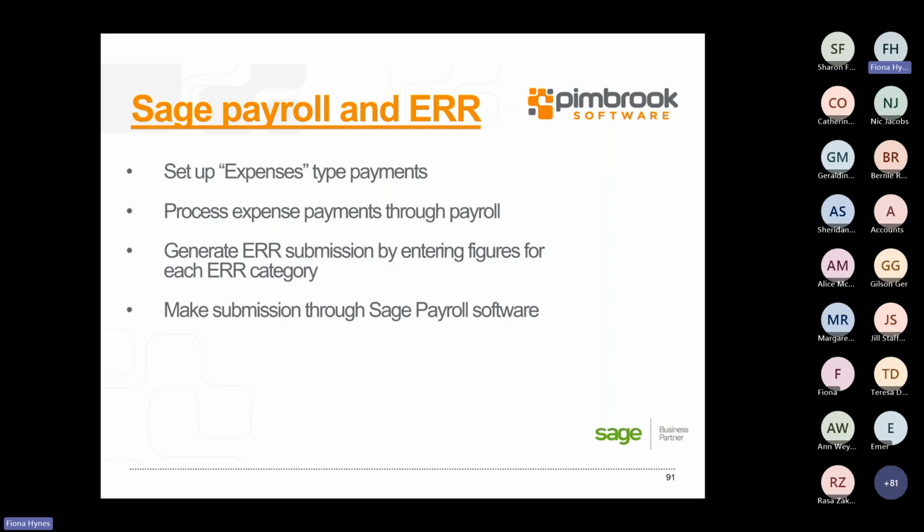The process within the software is, firstly, you set up your payments as expense type payments. Then you process your expense payments through the payroll as normal. You can generate the ERR submission by entering figures for each of the ERR categories. And then finally, you make the submission through the Sage Payroll software. But we'll step through a bit more detail here now.